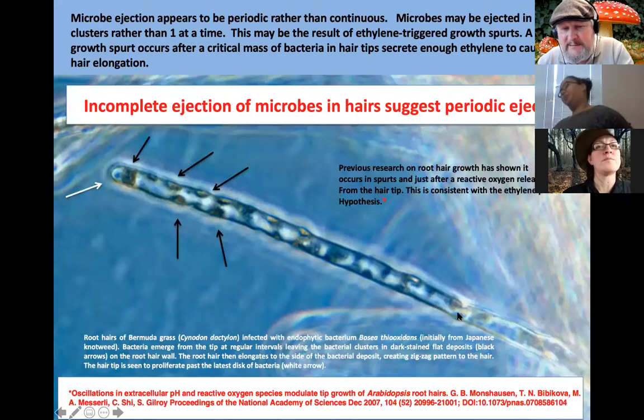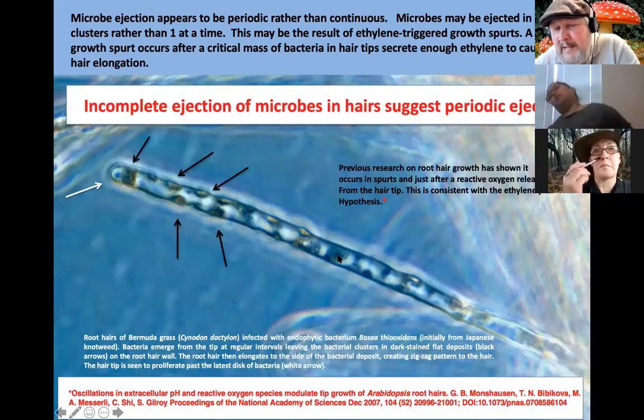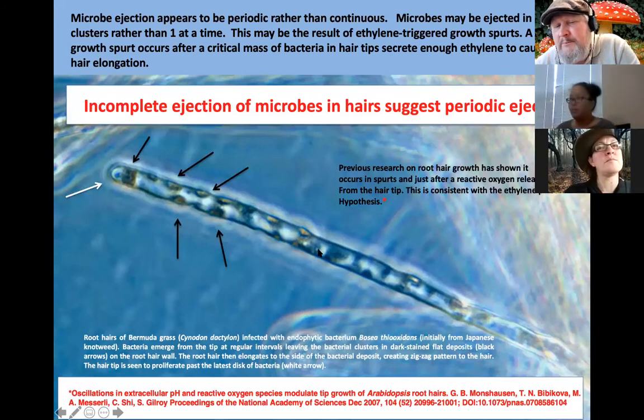And you see this is actually a root hair that shows where some of the microbes remain on the inside of the hair after each spurt. It's like periodic spurting ejection of those microbes, leaving almost like remnants of those microbes inside those hairs.